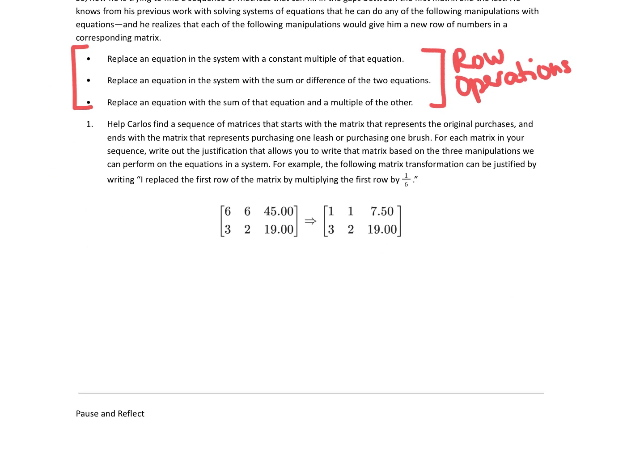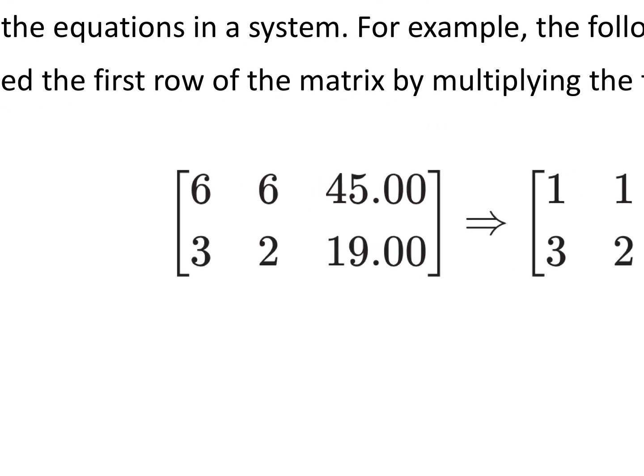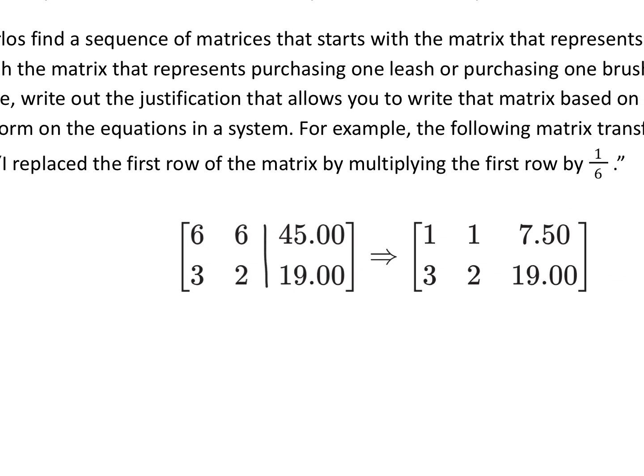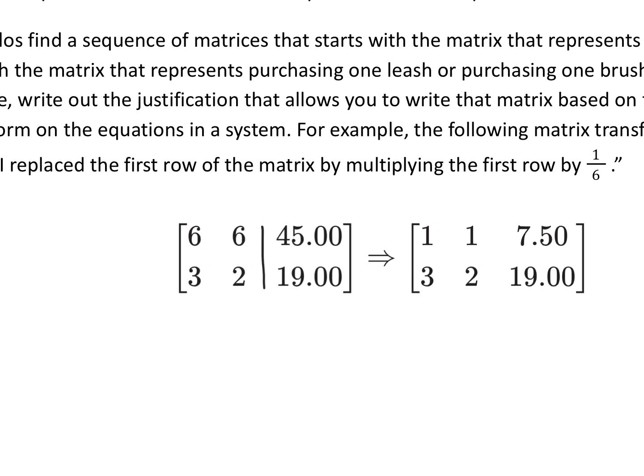So he thinks that a very good first step would be to go from our augmented matrix right here, and I'm going to put this line that typically shows up, from this augmented matrix to this second one by multiplying the first row by 1/6. So I think that's actually a really good step.